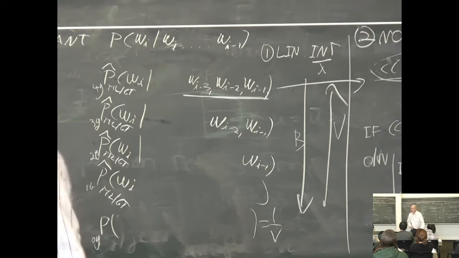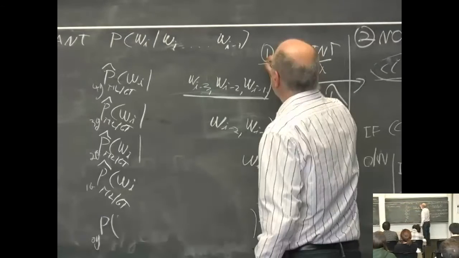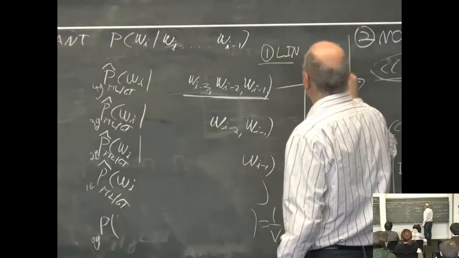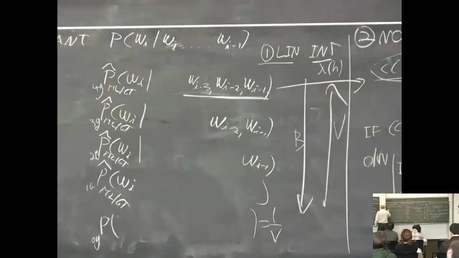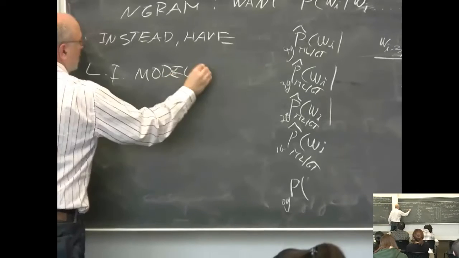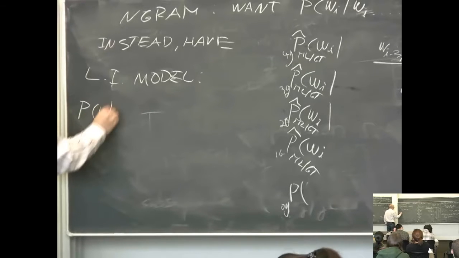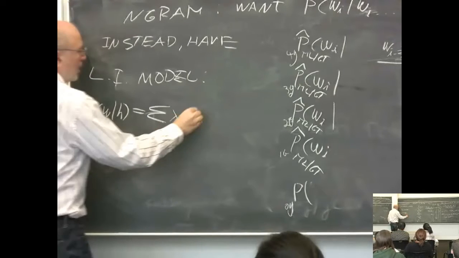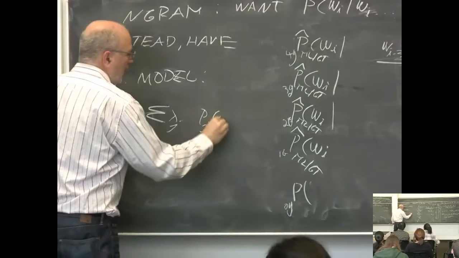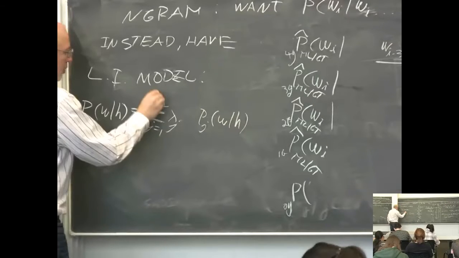When we did the linear interpolation, one thing I did not mention, but you should know, is that the lambdas could depend on the history. So the general form of the linear interpolation model is P of word given history equals the sum of lambda j times pj of the word given history, where j goes from 1 to k.